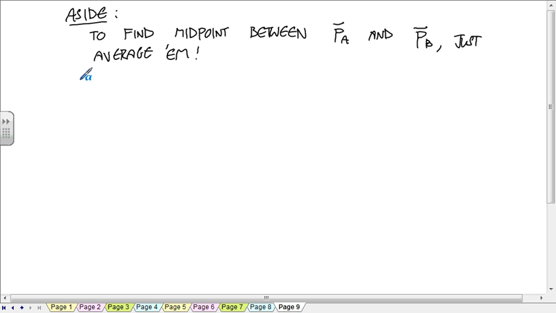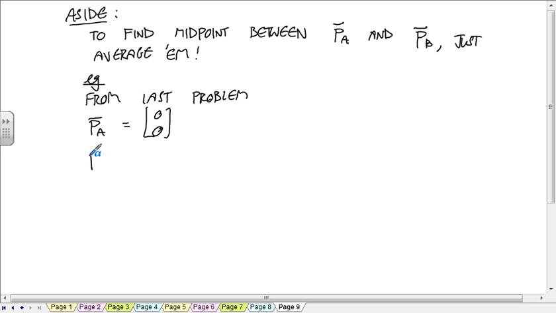So for example, from that last problem, our point A has coordinates of 0, 0, right? If you calculated the coordinates of the point C, that gives you 0.5, 0.866.